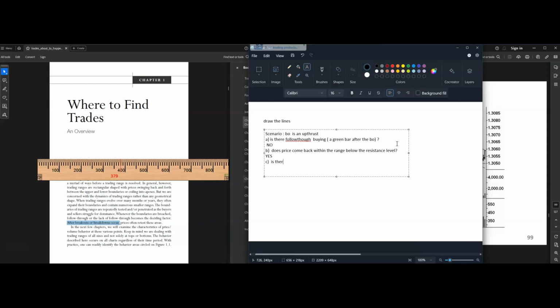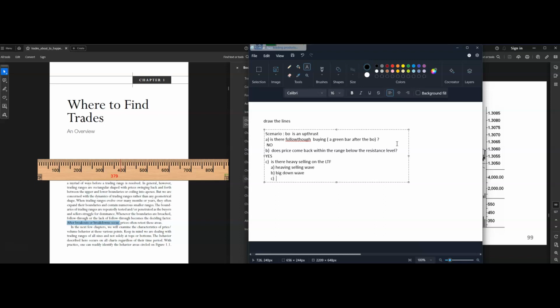Is there heavy selling on the lower time frame? How do you determine this? A, heavy selling wave. B, big down wave.